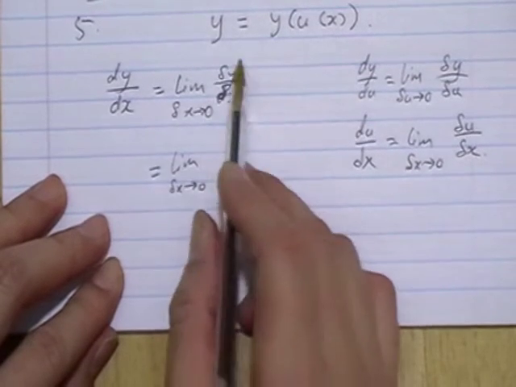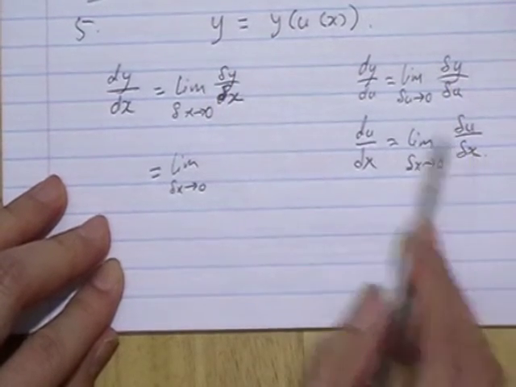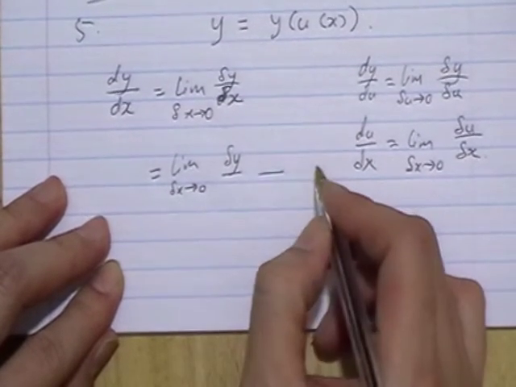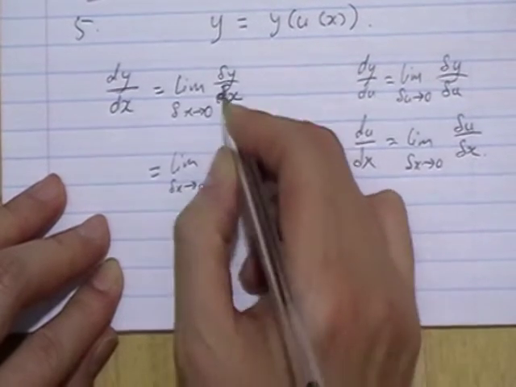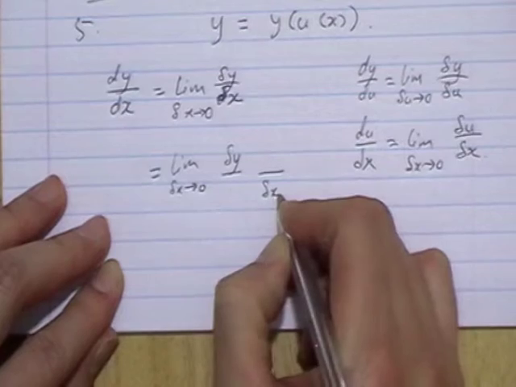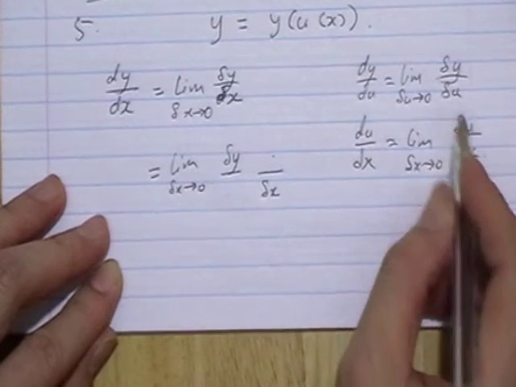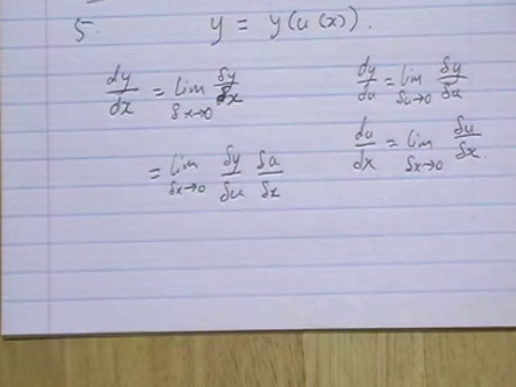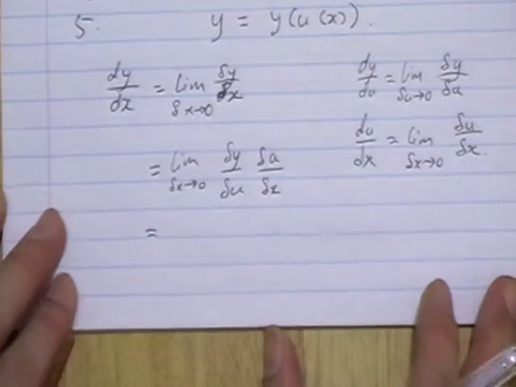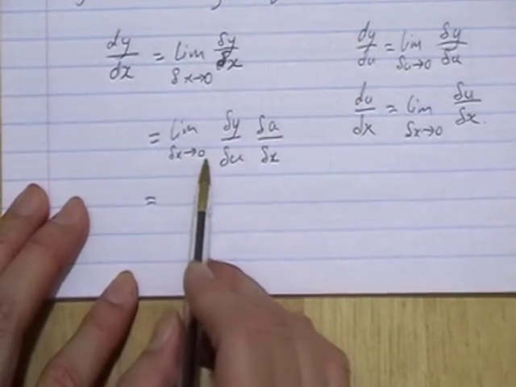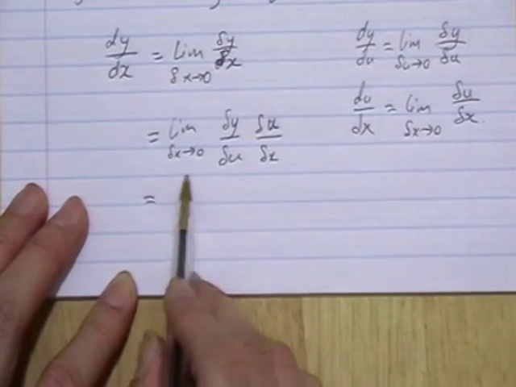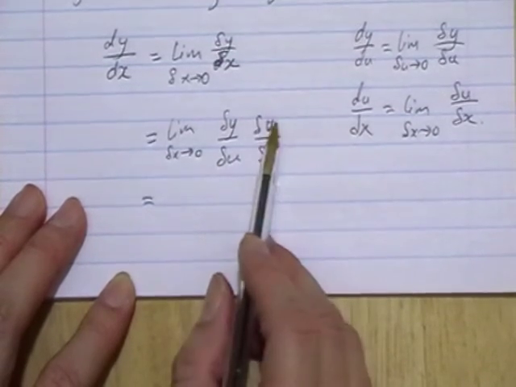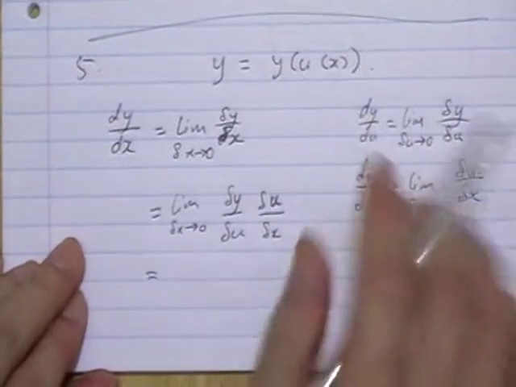Okay, I can write this as a product of those two. So I'll separate into two fractions where I move delta x to the other factor, and I'll insert the delta u here and here. So now we can see that when we allow delta x to tend to 0, delta u would also tend to 0, because delta u is a function of x.